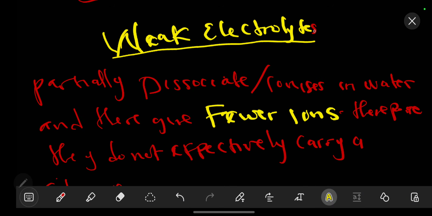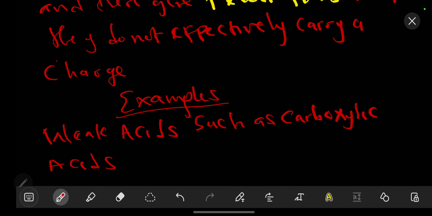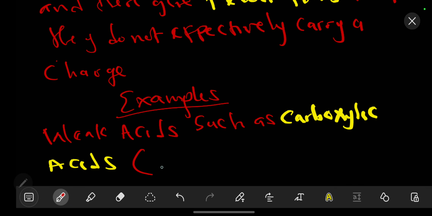The examples that we might have are basically carboxylic acids. Carboxylic acids are examples of weak acids, and weak electrolytes. The example that we might have is ethanoic acid.